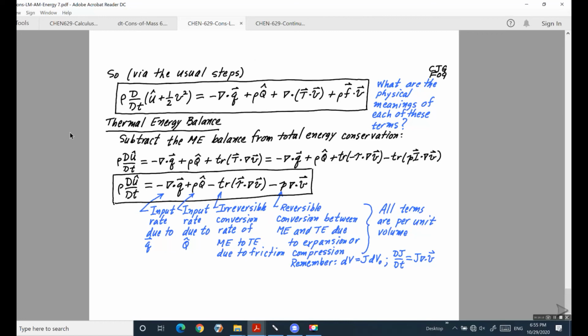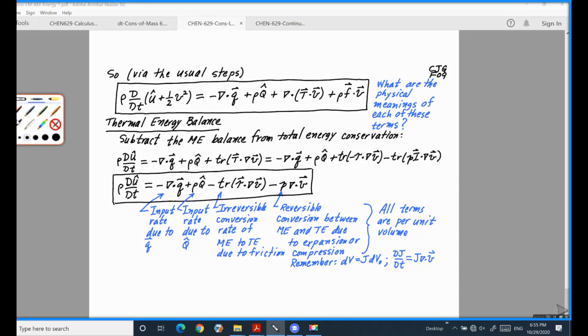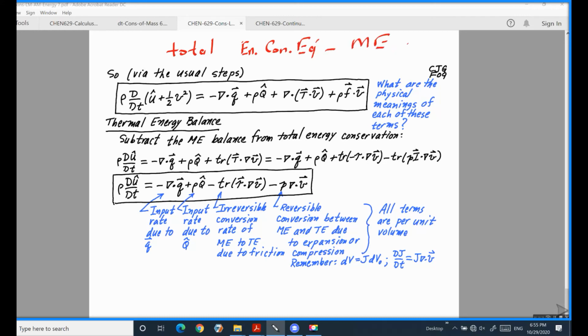As a final step, the total energy conservation equation minus the mechanical energy conservation gives the thermal energy conservation like here. This is thermal energy conservation.